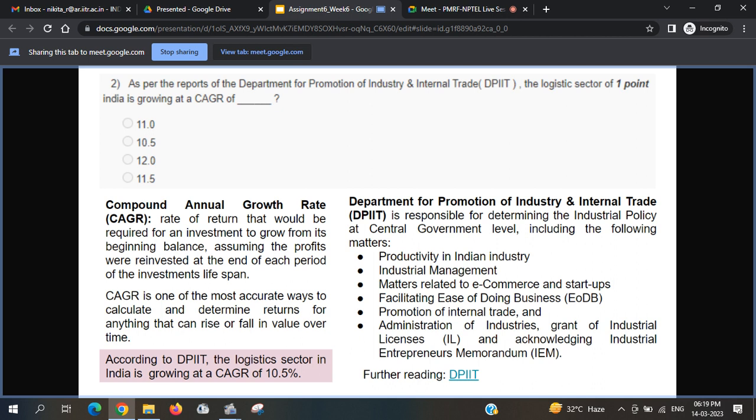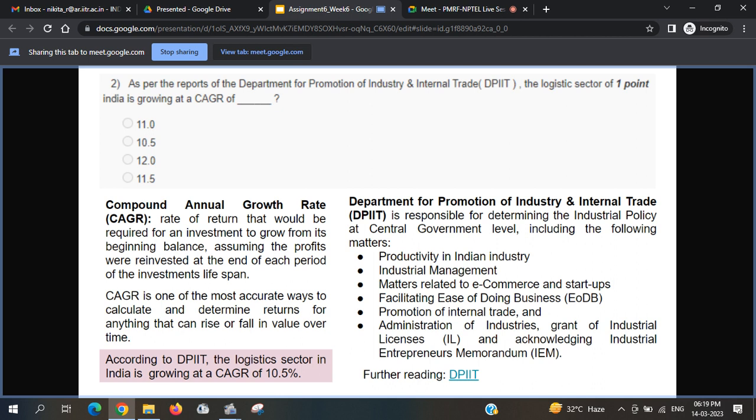So annually or according to whatever regular period, profits are gained from the investment, and they are then again reinvested in the same investment.